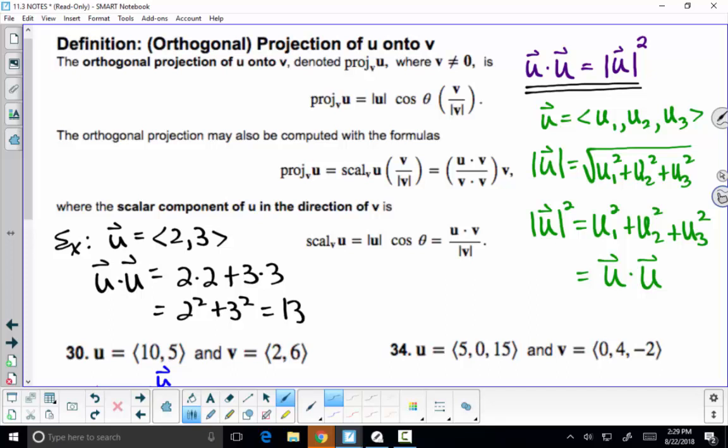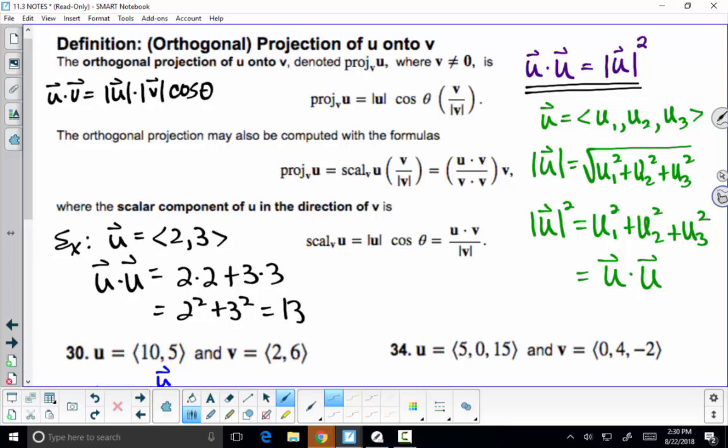So we have our dot product formula that we had on the previous slide, u dot v is equal to the length of u times the length of v times the cosine of theta. Now we just want to try to rewrite this. When you look at that, we've got length of u cosine of theta right there, correct?